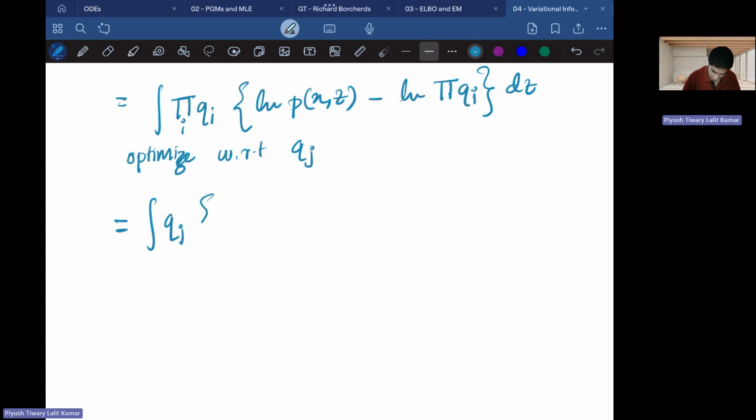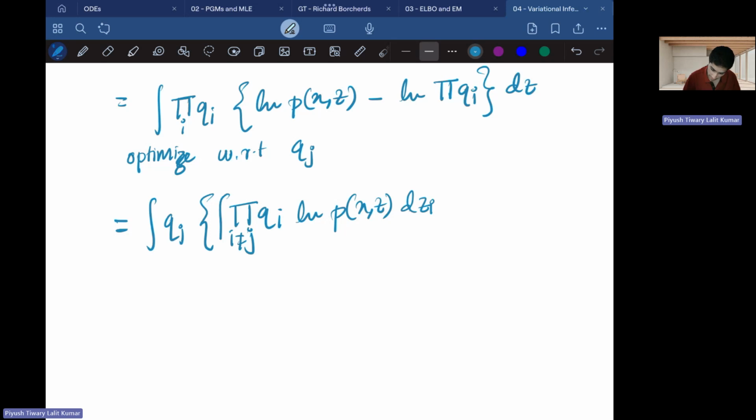What do I mean by that? So this thing will become what? You have q_j, then you have product of q_i, i not equal to j, ln p(x, z), and I will write this as dz_i.